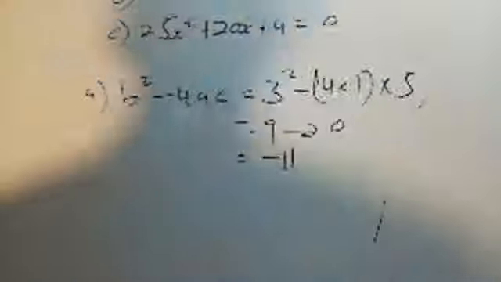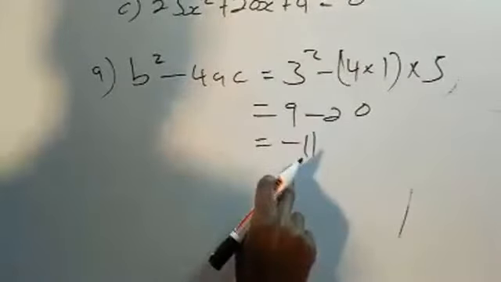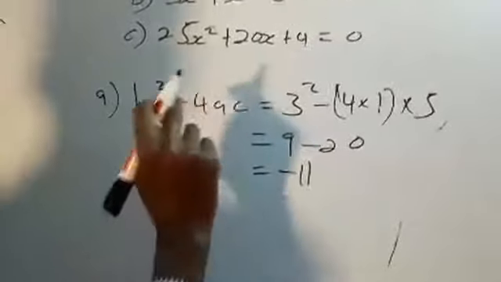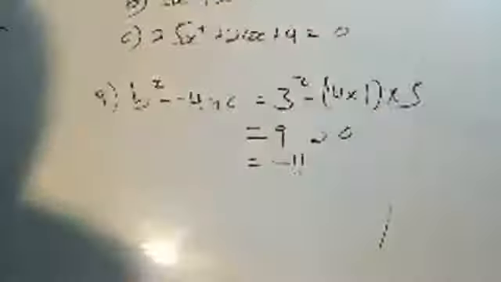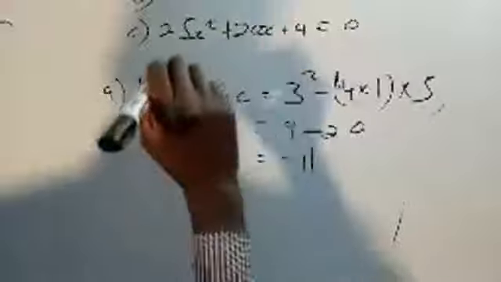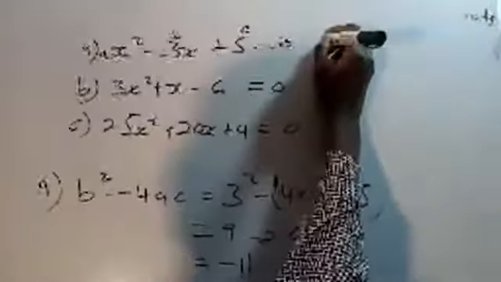And they have told us when b squared minus 4ac is less than 0, then it has no roots. So in equation A, it has no roots.